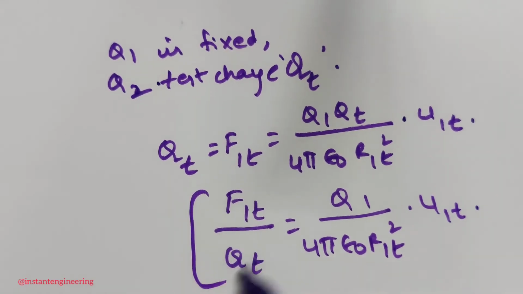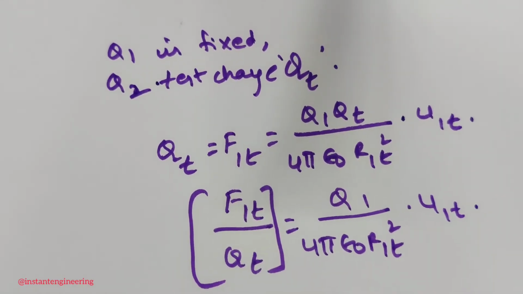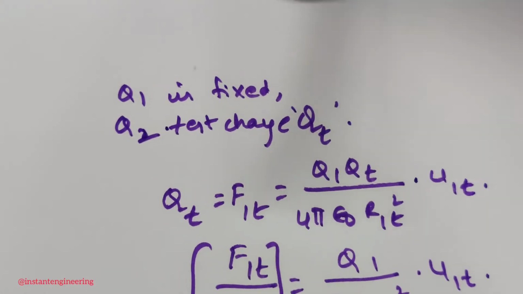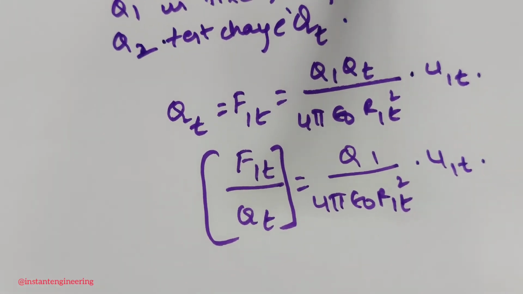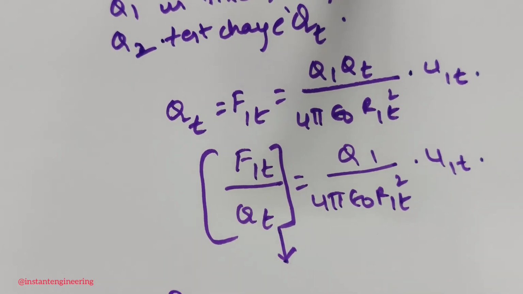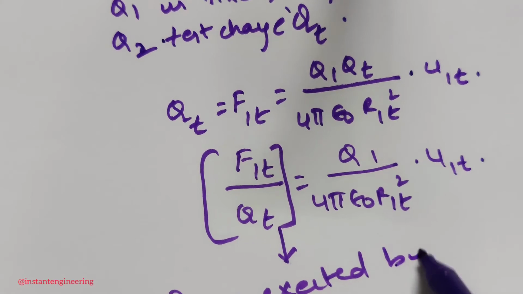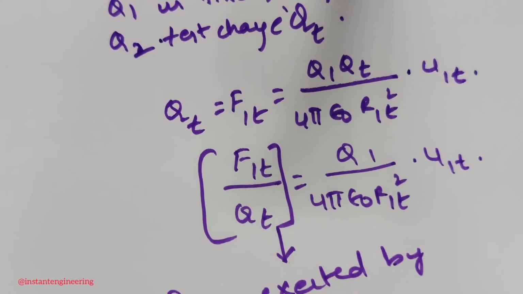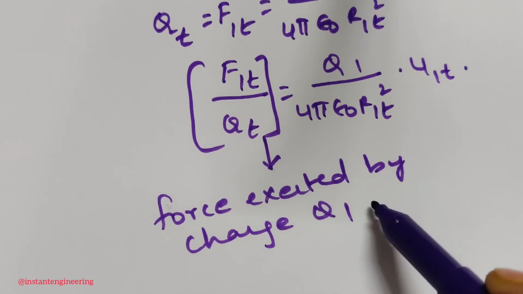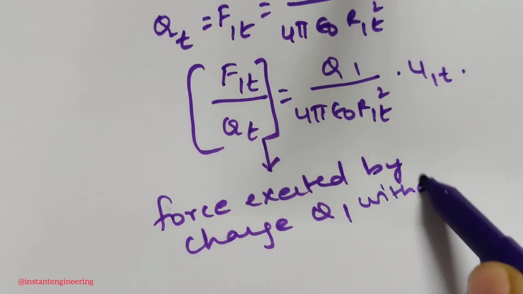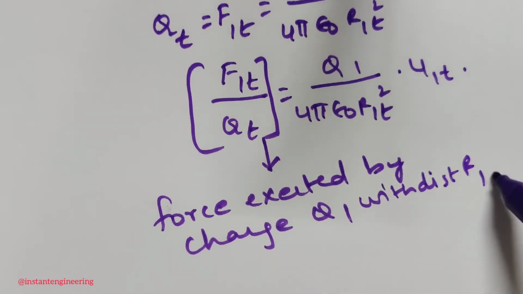Alright, this F1t by qt, so this is called as the force exerted by charge q1, and the distance is r1t.